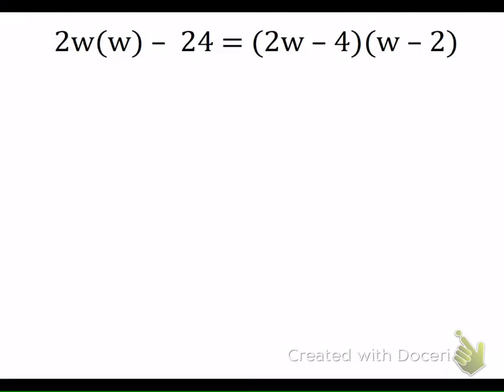How do I start? 2W times W is 2W squared minus 24 equals, what is the process I'm going to do back here called? Distribute?